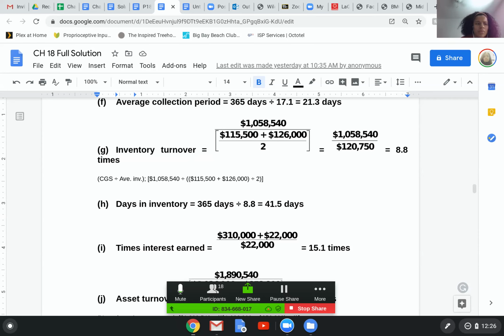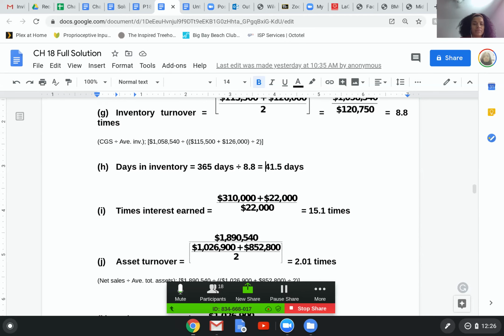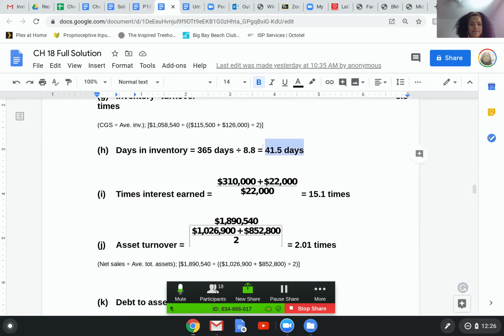If it was like a Walmart, they've got some things that will expire within 30 days and other things that are okay even if they're on the shelf for a year. So if you were the inventory manager, you'd probably want to look deeper into the different categories of inventory to see how they move. But nevertheless, inventory is on the shelf for 41.5 days.